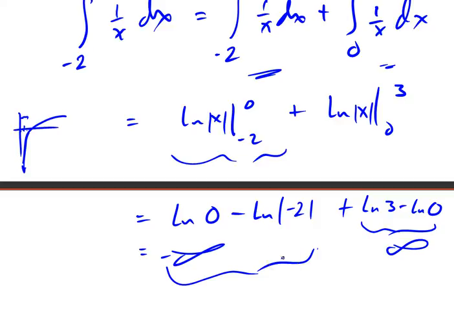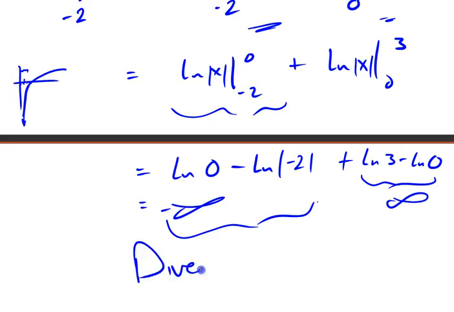The problem is it's hard to tell what that something should be, and so we avoid contradictions by just saying if one side is infinity, and in this case both sides are infinity, one's minus infinity, one's plus infinity, just say the whole thing diverges. It's possible, and it happens sometimes, that on both sides of the asymptote you get finite answers, but if either side diverges, just say the whole thing diverges.